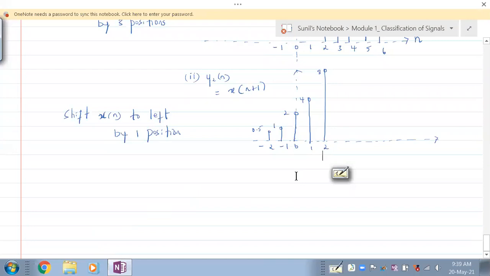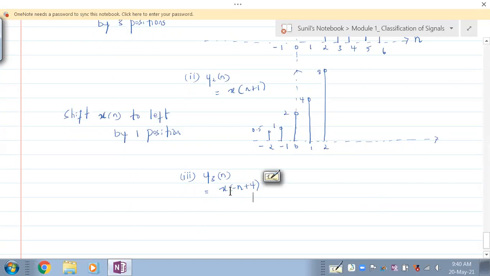Now what is the third one that is given to us? The third one is y3 of n, and it is given to be x of -n plus 4. So we need to have n plus 4 first. That means x of n plus 4 we need to have. Then we go with this.